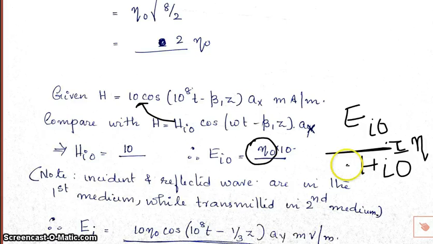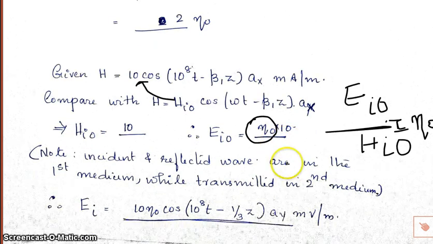It is eta naught, because this is the magnetic field of your incident wave and this is the electric field of your incident wave, which always lies in your first medium, and in this question your first medium is free space. So E_i0 by H_i0 is equal to eta naught. From that, E_i0 is equal to eta naught into 10.